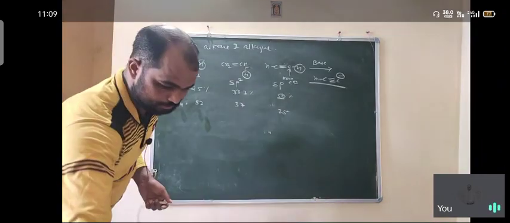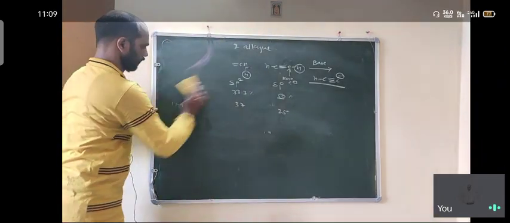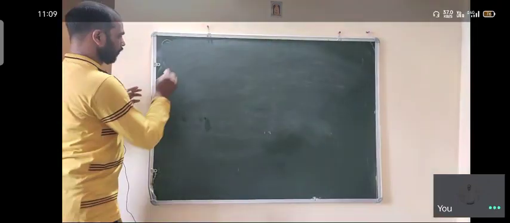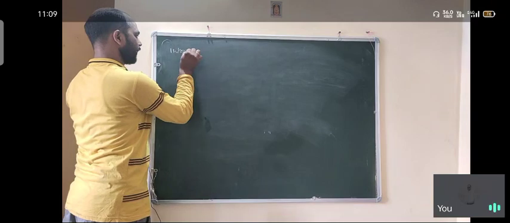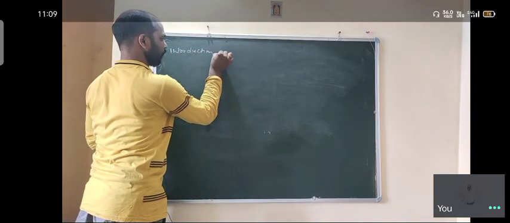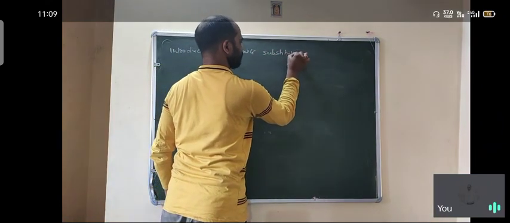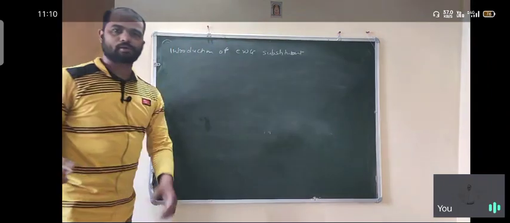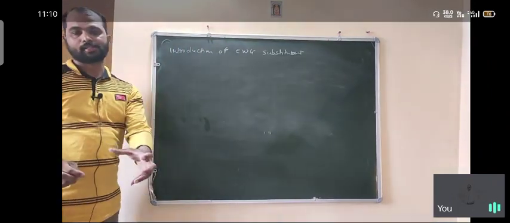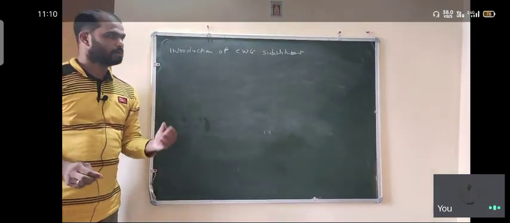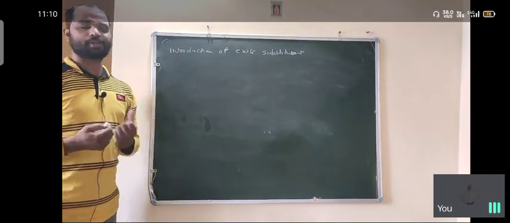Next, the third is introduction of an inductive effect or electron-withdrawing substituent. Electron-withdrawing substituent means the atom or group has an electronegative character, or has a withdrawing effect.